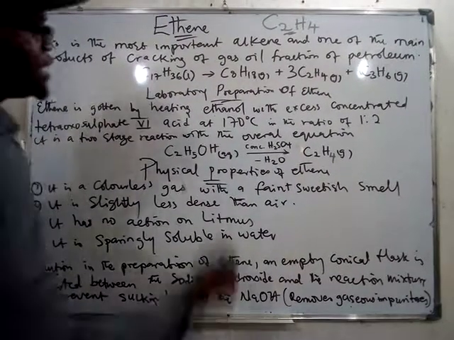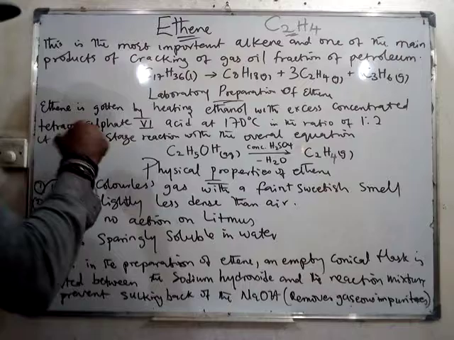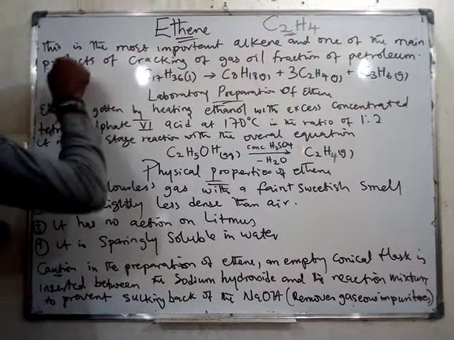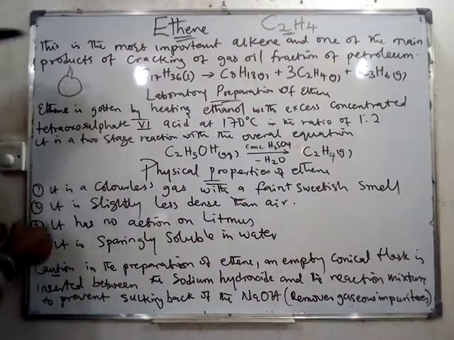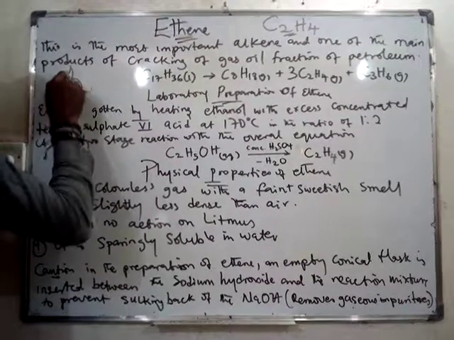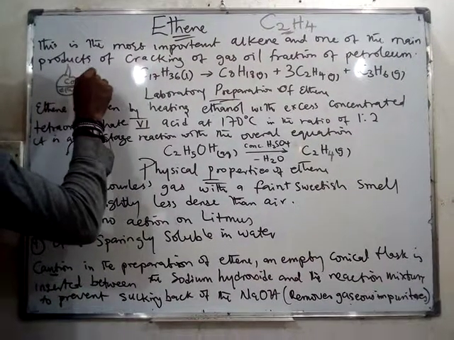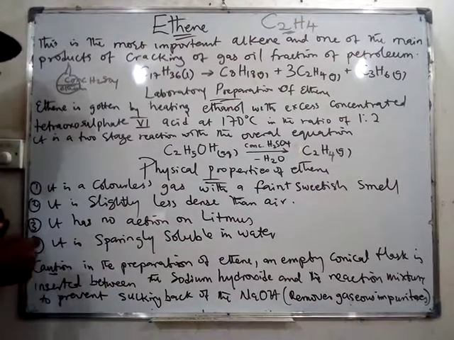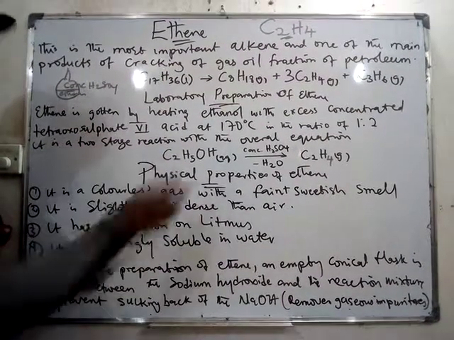Caution, in the process of producing ethene, you understand? You need to put the reaction mixture inside a flask. The flask will contain ethanol and concentrated H2SO4 in order to produce ethene.